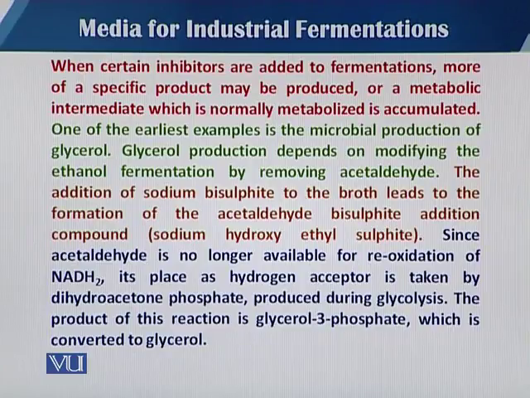In case of some desired product, if we take the example of the production of citric acid, we know that citrate is the major metabolic step in the citric acid cycle. If we inhibit that enzyme which leads to the conversion of citrate into isocitrate, then we can have the accumulation of citric acid inside the cell.